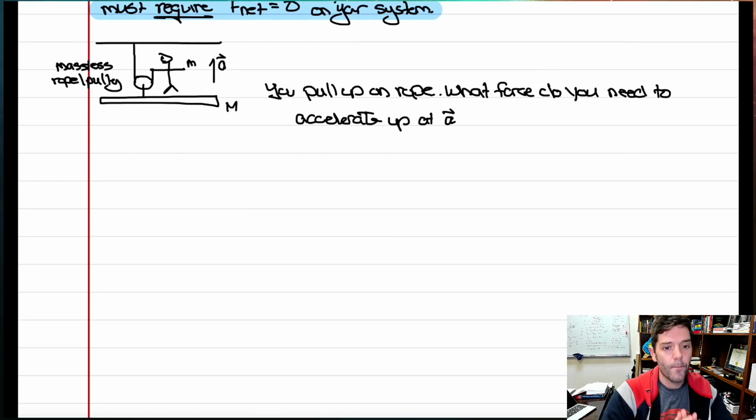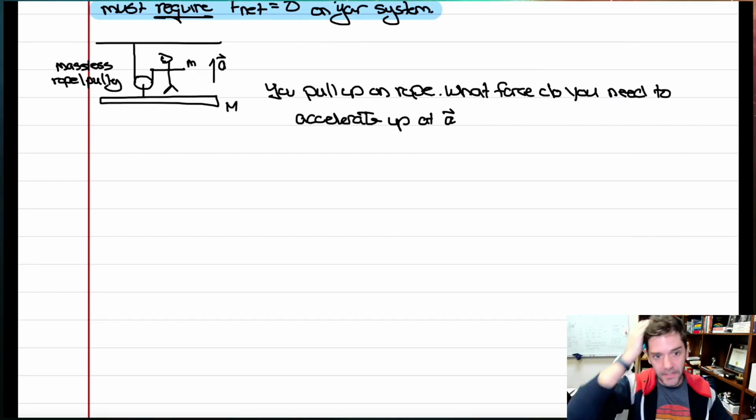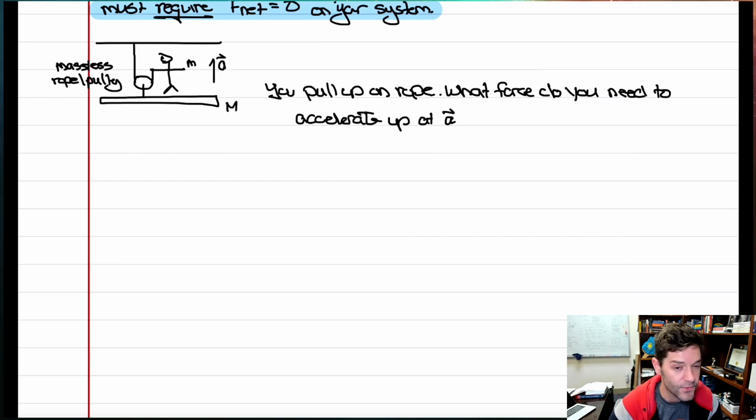You can do this by tackling individual components, treating individual components as your systems, identifying Newton's third law pairs, as well as identifying commonalities that certain systems share with one another.